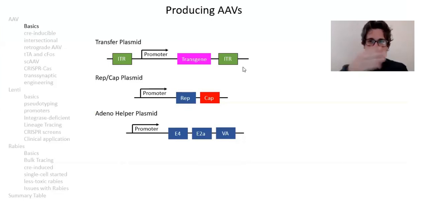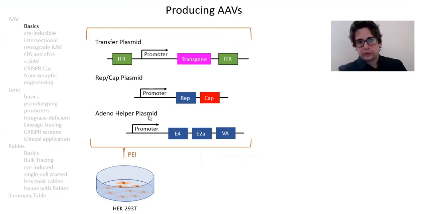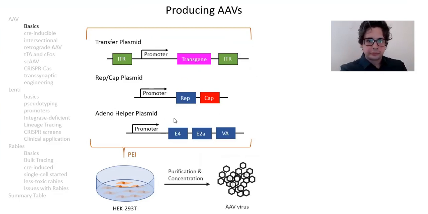And you might even get truncated versions, which will just not work. And then you co-transfect that into 293T cells with a separate plasmid that actually produces the rep and cap proteins. This is why it's easy to swap out serotypes once you have your particular construct. And it's an adeno-associated virus, so it also needs these genes from the adenovirus in order for the virus to be constructed.